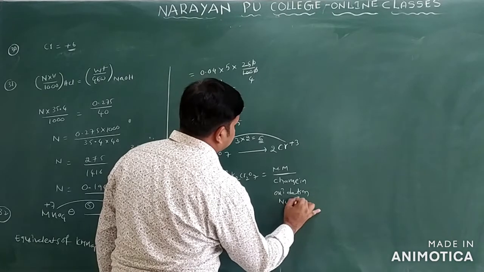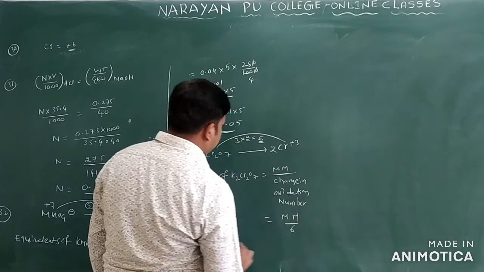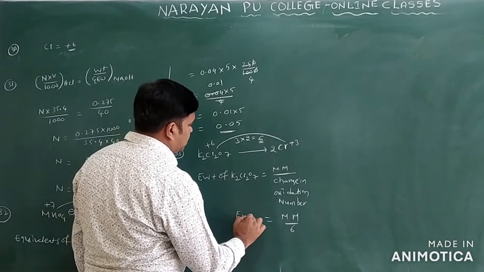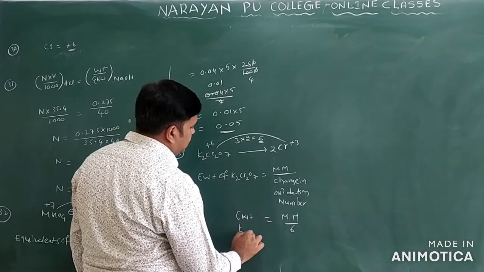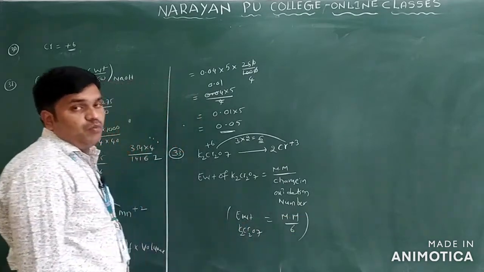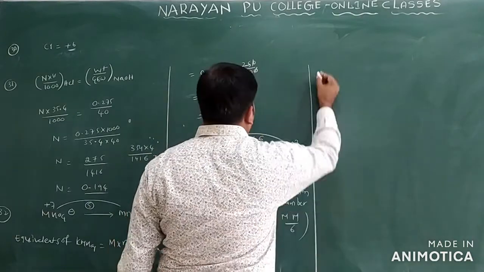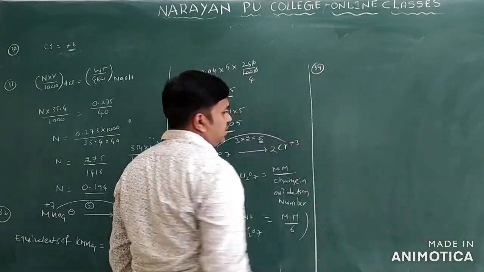Molecular mass by 6. So the equivalent weight of K2Cr2O7 is molecular mass by 6 only. This is question number 33.